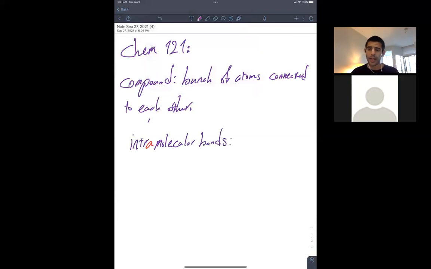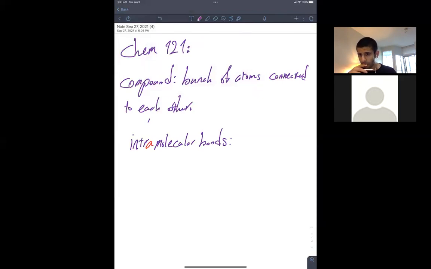We're going to talk about intermolecular bonds later, but intramolecular bonds are the bonds that are within the same molecule. You use it to connect the atoms together, so you end up getting the compound.